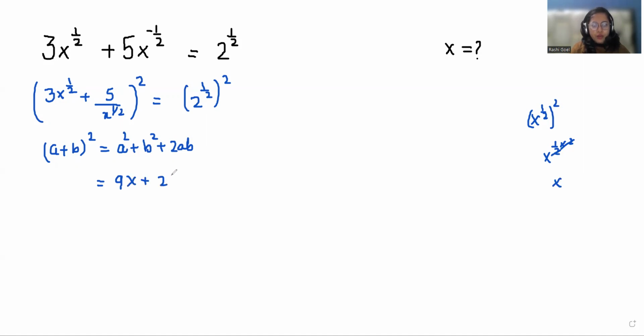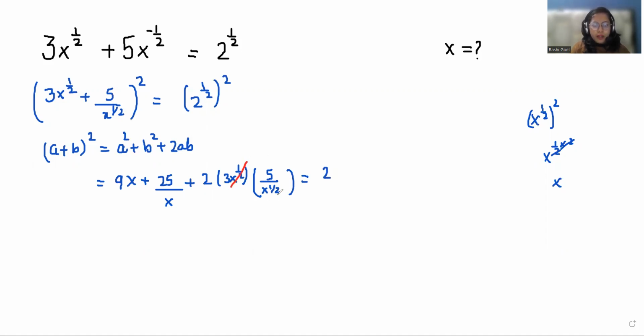Plus 5 square is 25, similarly x power 1 by 2 square is only x. Plus 2ab, a is 3 x power 1 by 2 and b is 5 divided by x power 1 by 2, is equal to 2.